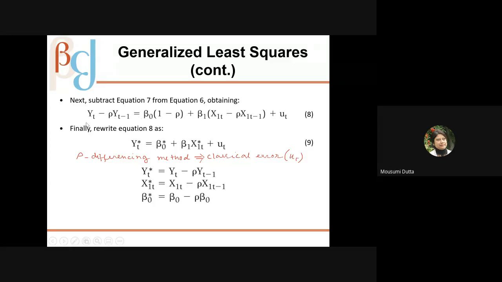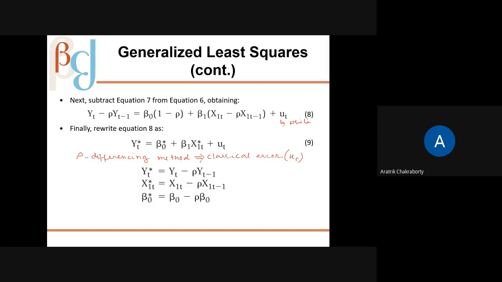So if I estimate the parameters using this equation, if I calculate beta 1 hat using this equation, will it be the best linear unbiased estimator or not? Yes or no? Ma'am, could you repeat that? I didn't understand the last part.